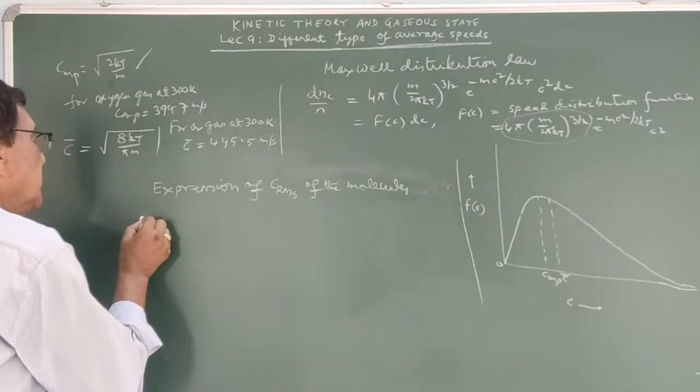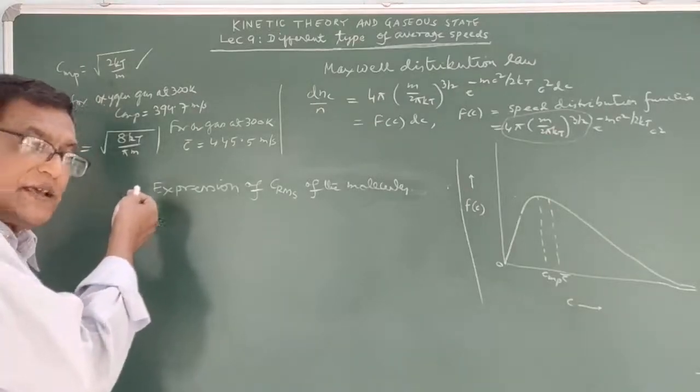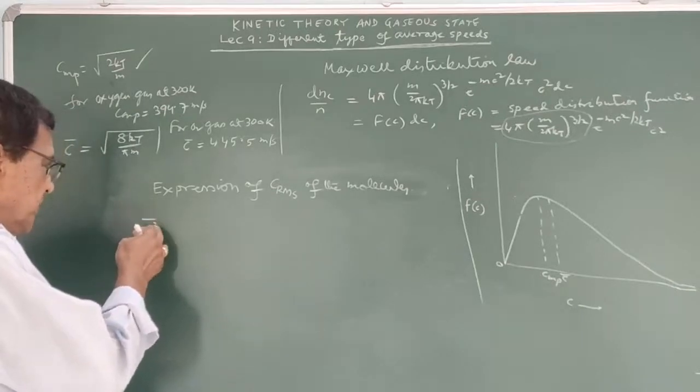C square bar. Let us first calculate this average mean square speed.